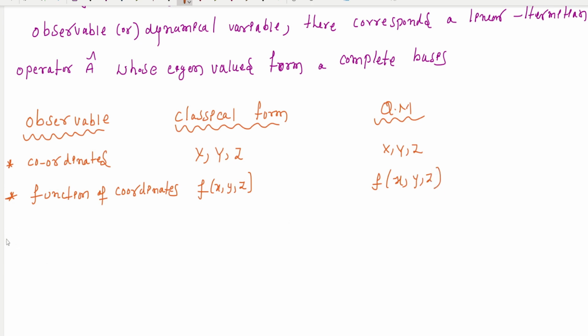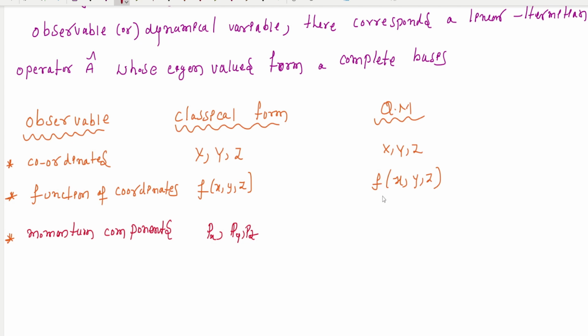The momentum component. In classical mechanics we can represent it by px, py, and pz, right?